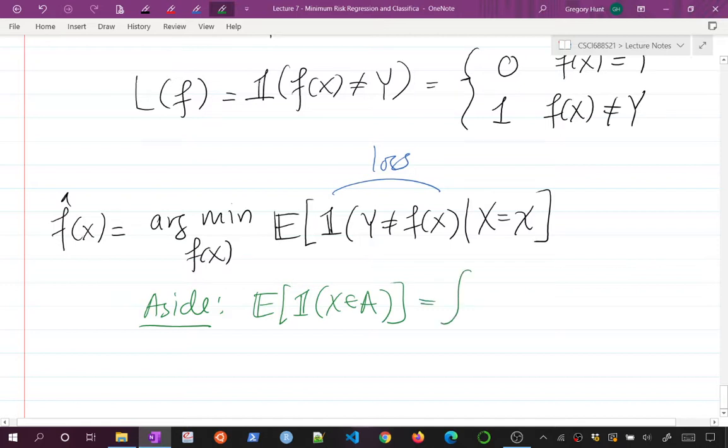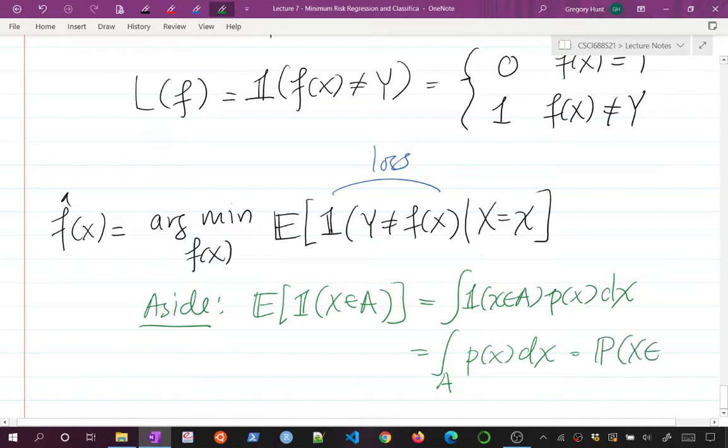That's the integral, for, say, a univariate random variable, of the indicator that x is in A times the density of x dx, which is the same thing as the integral over A, because it's 0 when x is not in A, and it's 1 when x is in A. So that is an equivalent statement, right? And that is just the probability that x is in A.